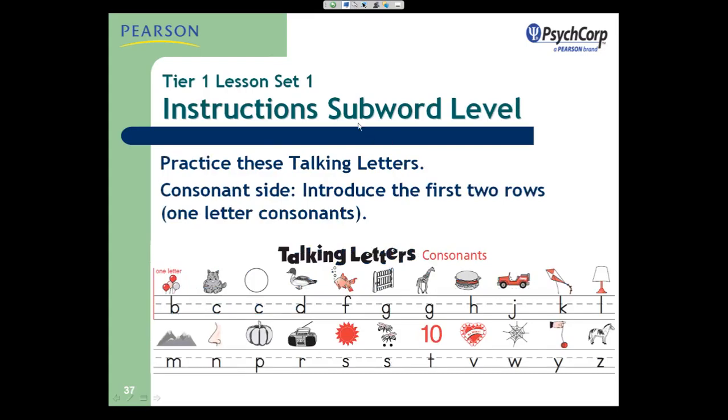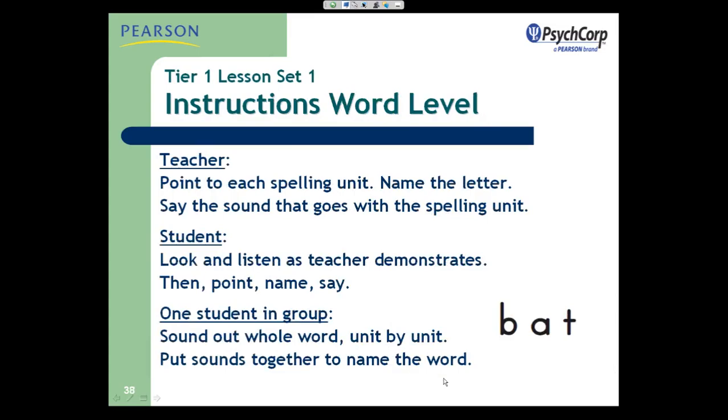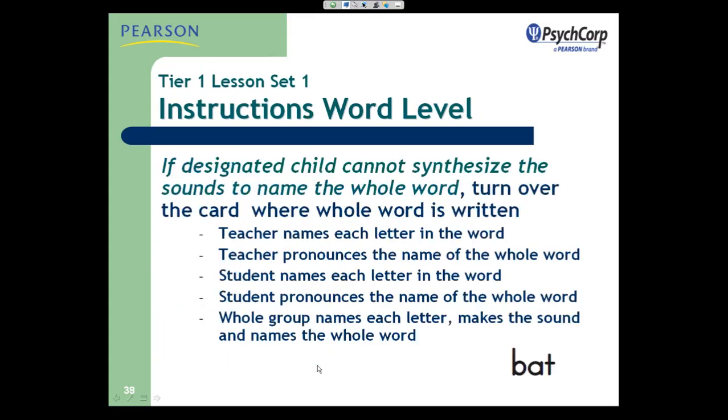Starting out for this particular lesson, lesson set 1, we're only looking at the first 2 rows, the 1-letter consonants. And then at the word level, you're looking at each spelling unit, again, saying it slow. You point to it, then you have the child look and listen as the teacher shows, then the child should point, should name, should say, and then you say it fast.